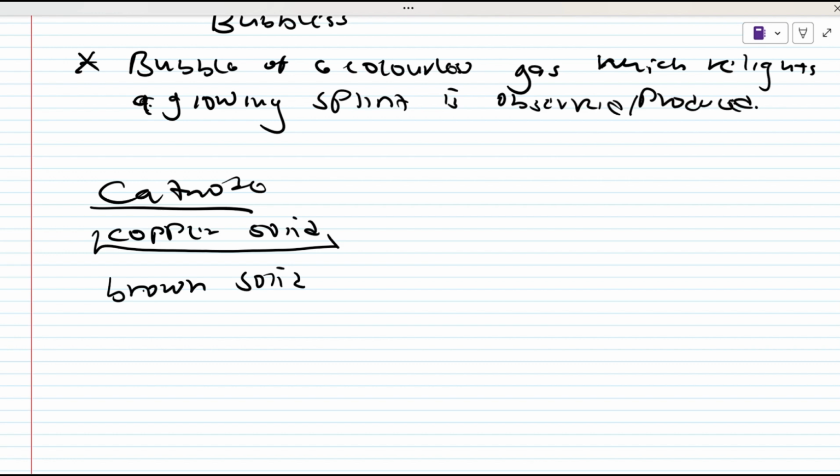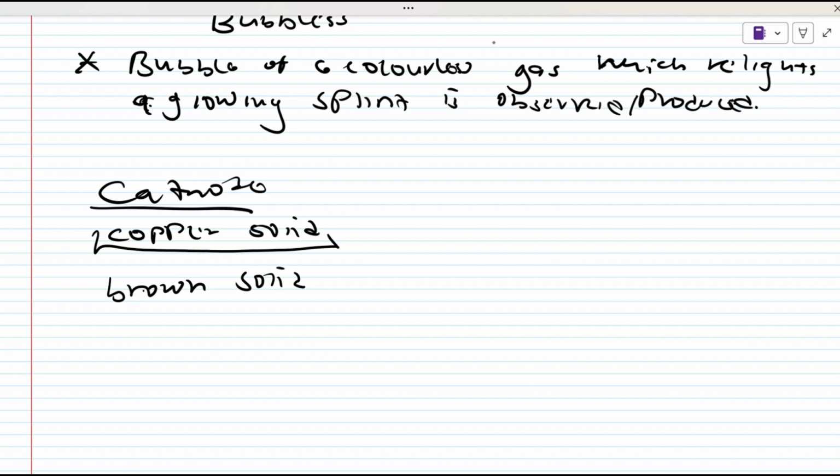Copper is brown in color, and in most situations we are going to observe a brown lump of solid that is deposited below the cathode electrode.